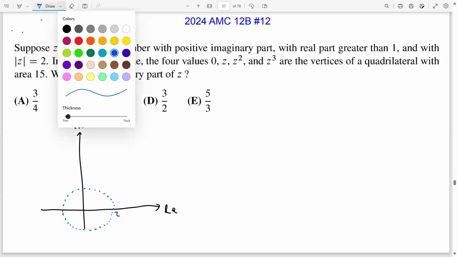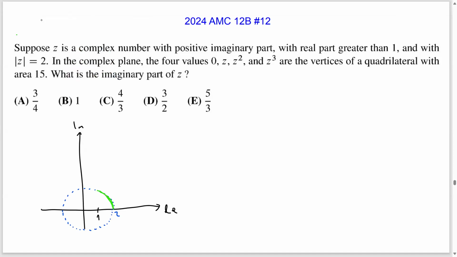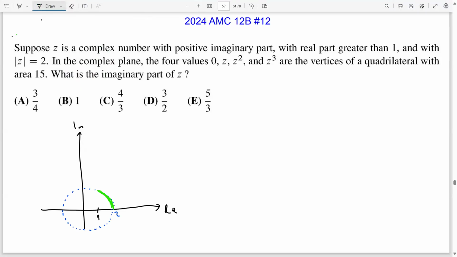We're also given that z has positive imaginary parts and real parts greater than 1. So this is going to tell us that the number z has to lie somewhere on this arc that I've shown in green. So let's say that z is, for example, this point.